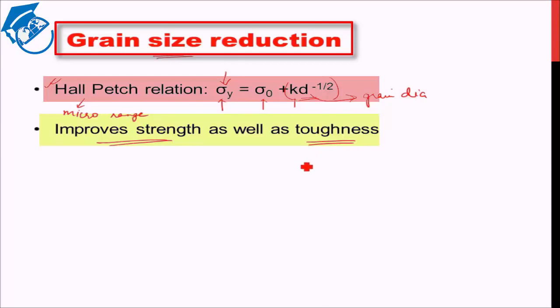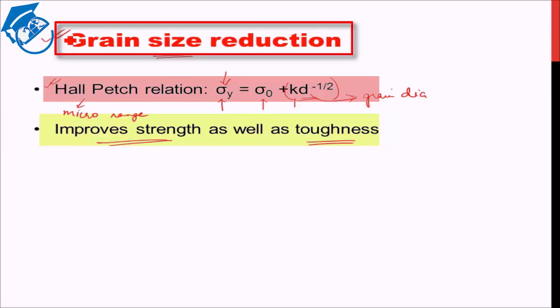The other methods that we'll study lead to an increase in the strength of the material, but there is a compromise by reduction in ductility. Since grain size reduction leads to improvement in both properties, this is a very good and very preferred method to increase strength. The problem is you can only reach a particular amount of strength by using this method.